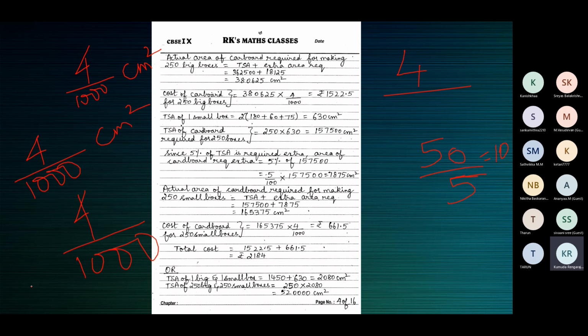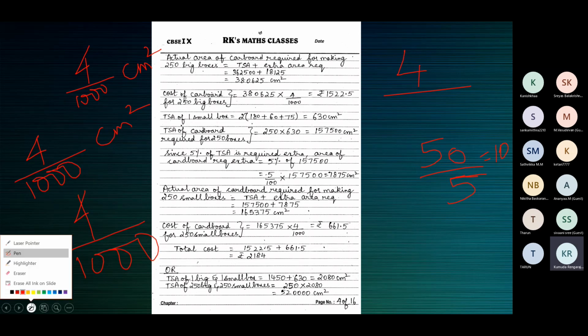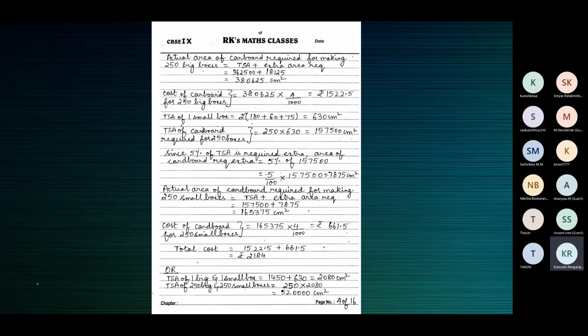You can take a bigger number. Sometimes we don't understand, and when I repeat the same thing, you still don't understand why you should divide. Take a bigger value. If I say it is 50 rupees for 10 meter square, then if I divide 50 by 10, it is 5 rupees per meter square.